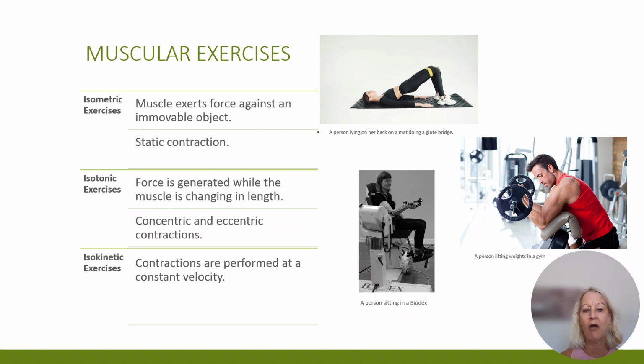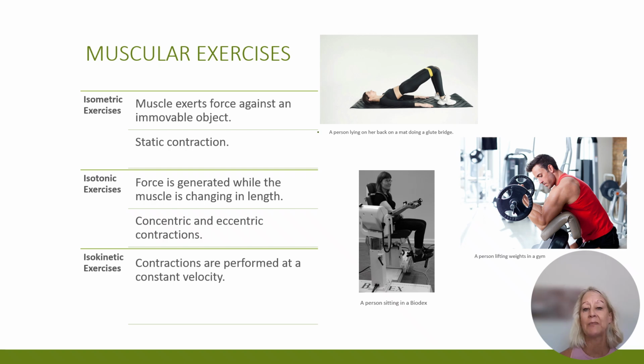So no matter how hard you push or pull, the machine will only let you move at one preset speed. These machines are most often found in physical therapy and high-tech rehabilitation centers. Because the resistance adapts to your effort throughout the entire range of motion, isokinetic exercises are one of the safest and most efficient ways to measure muscle strength and recover from an injury.